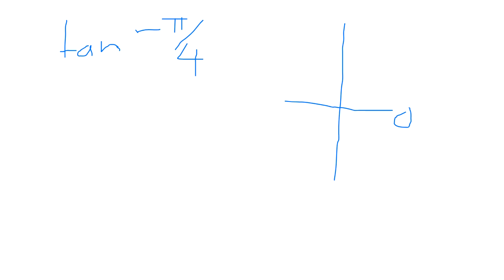Can we all see that? Yes, sir. Okay, good. So we have pi over 2, then pi, 3 pi over 2 and 2 pi.